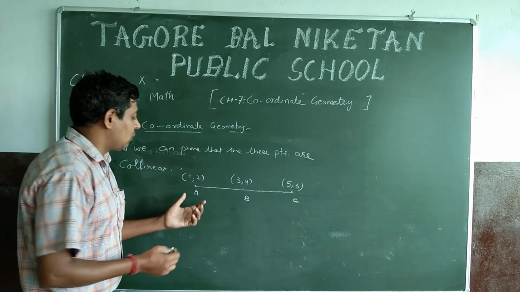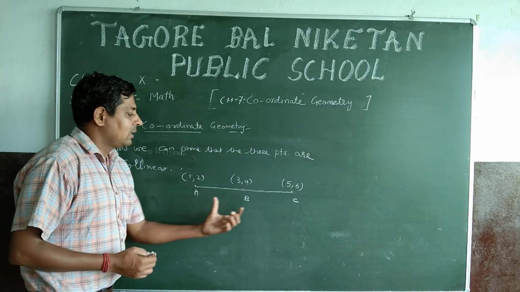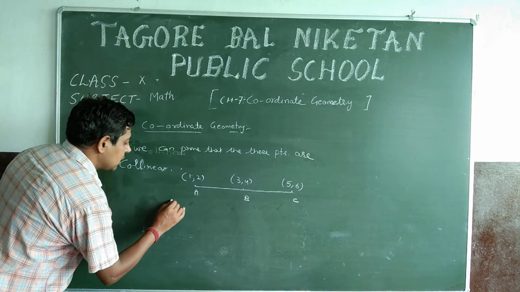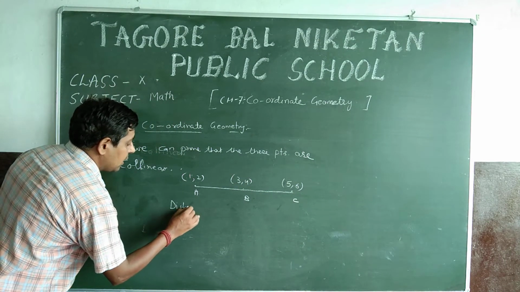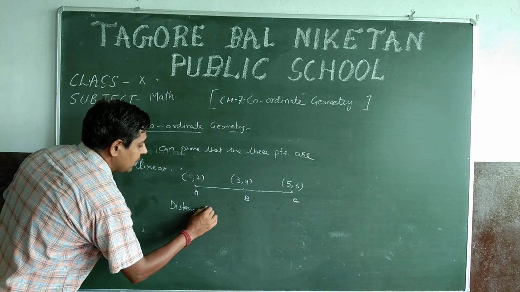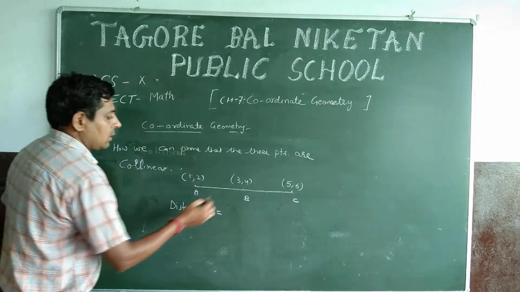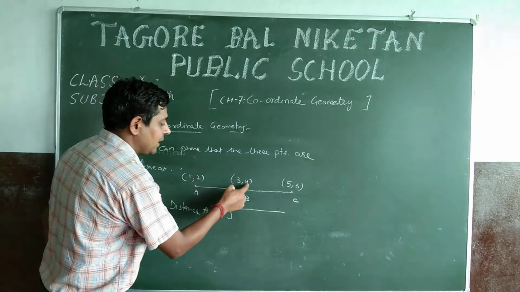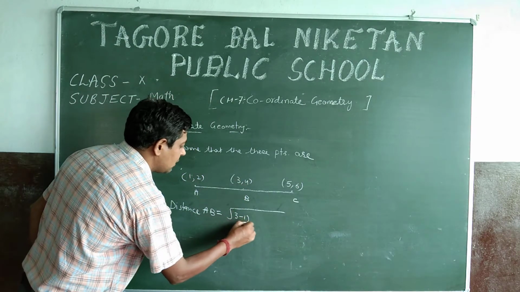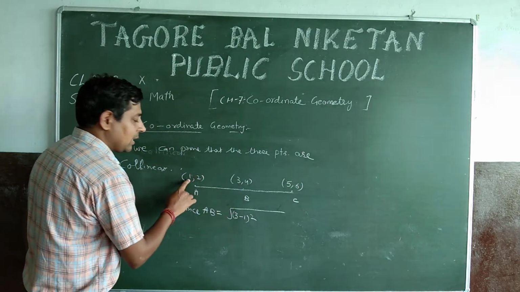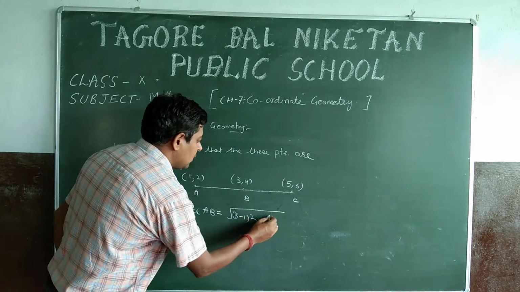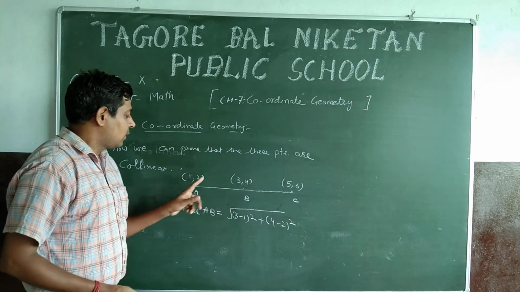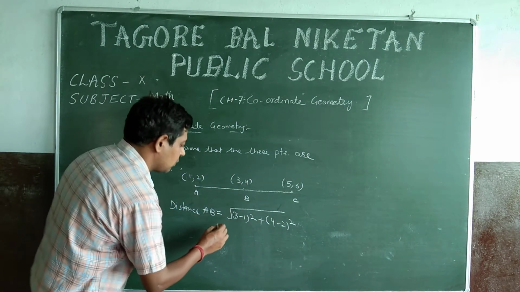So we can find out the distance AB, distance BC and distance AC. So distance AB, we will apply the distance formula. This is x1, y1, this is x2, y2. So x2 minus x1 whole square, 3 minus 1 whole square, plus y2 minus y1 whole square, 4 minus 2 whole square.